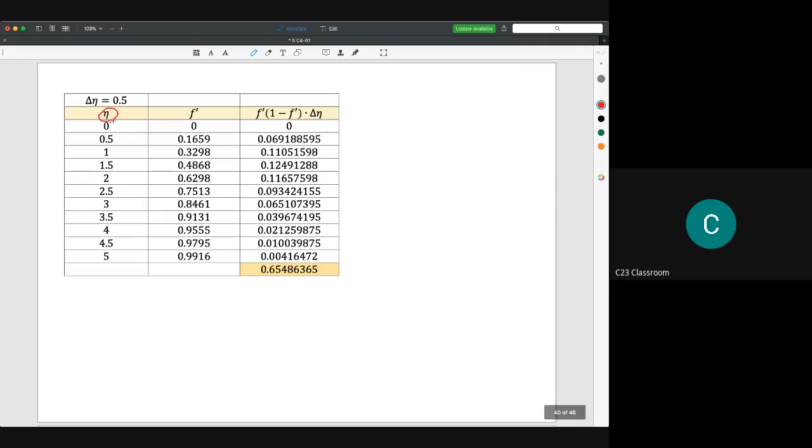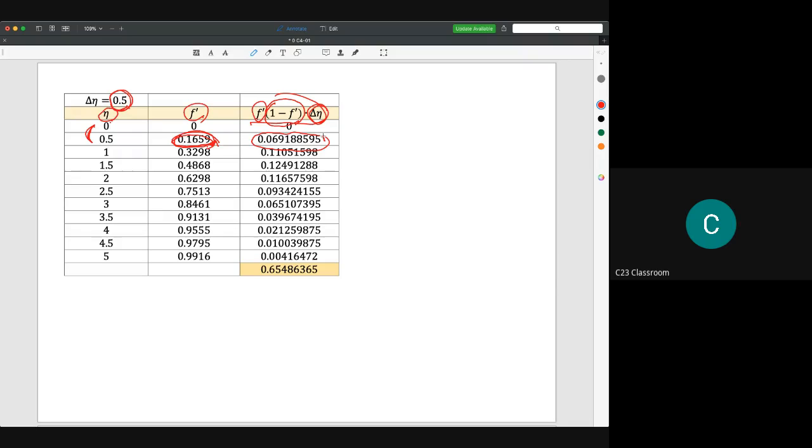We have eta here, f prime, and f prime times 1 minus f prime, times delta eta. f prime times 1 minus f prime is the operation you do based on this value: you take 1 minus this value, and then multiply the two values. Delta eta here means the interval difference, which is 0.5. So you calculate everything, and then you will get these numbers.